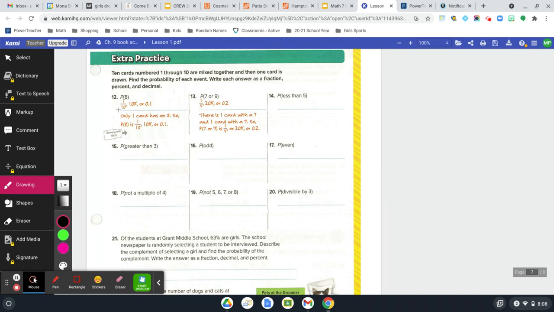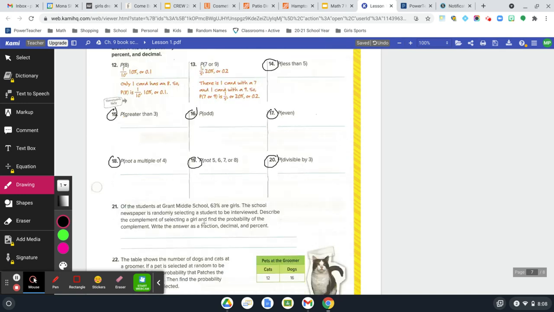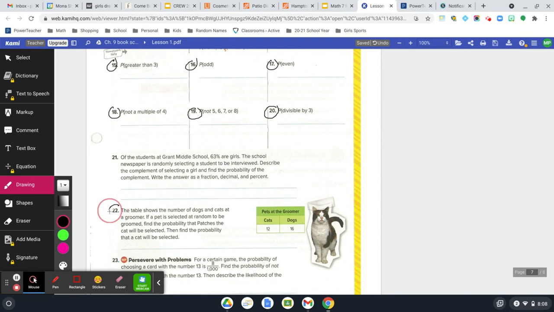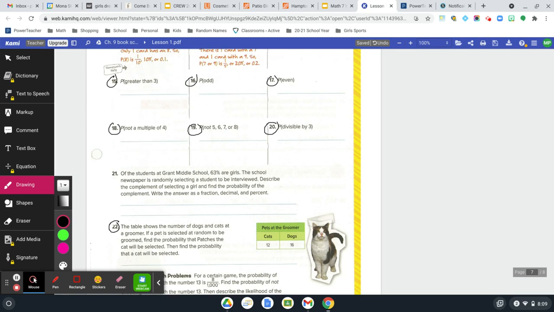So you'll see number 12 is done and number 13, which means you're going to do 14, 15, 16, 17, 18, 19, and 20. And then you're also going to come down and try 22. So again, you're going to work these out. Now, if you want to, I'm giving you a few more problems to do here.